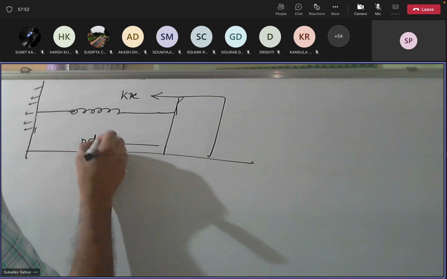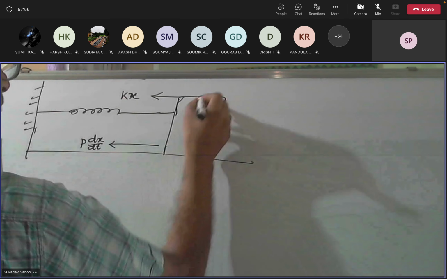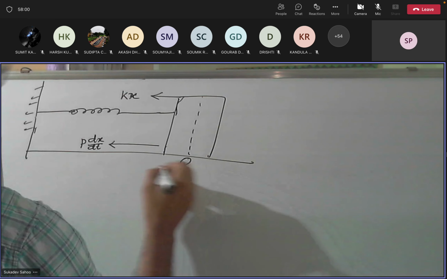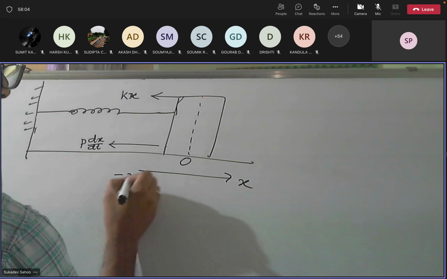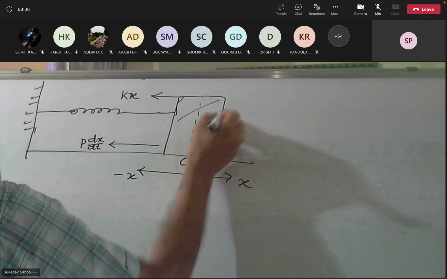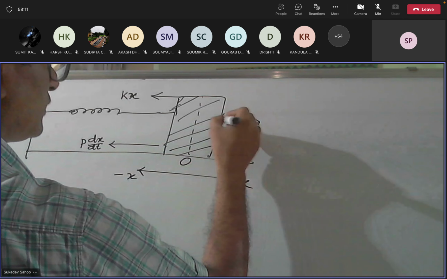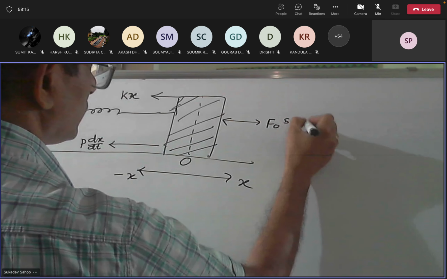Damping force p dx by dt. Suppose we are considering this is 0, here x, here minus x. This is the rotor. And we have applied some external periodic force F0 sin omega 1 t.